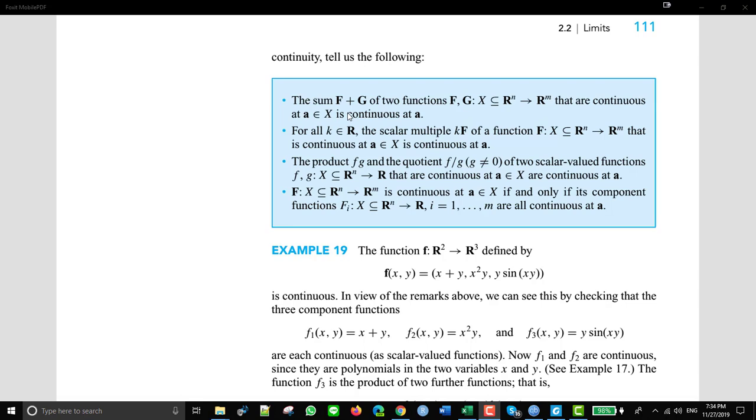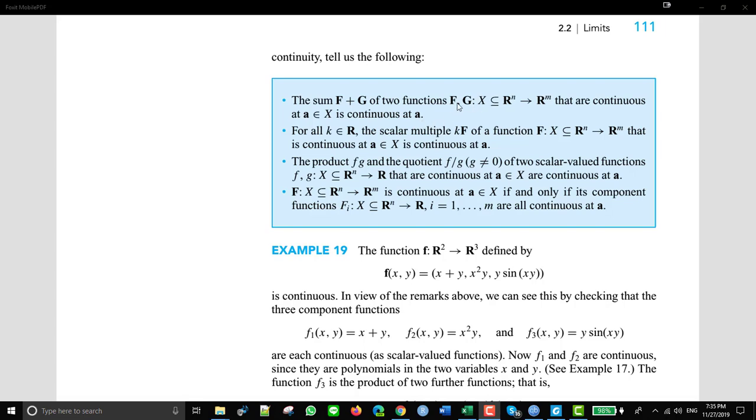Anyway, if f and g are two functions and they're both continuous at a, then the sum of f and g is also continuous at a.